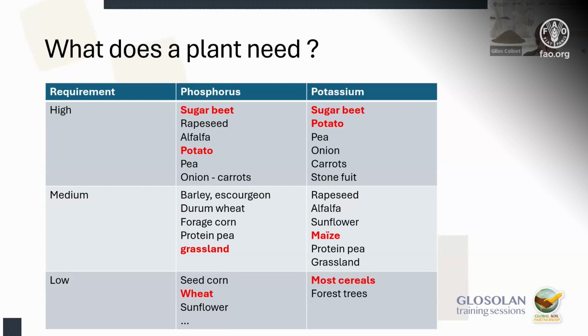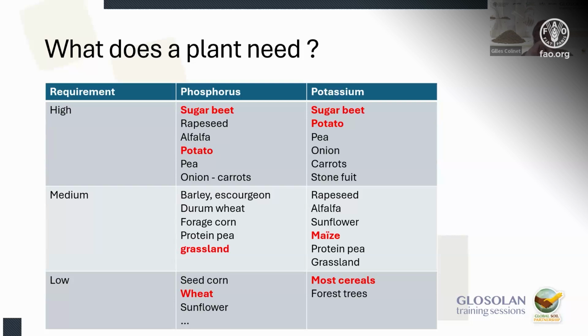And here, for example, you have a classification of the major crops in Belgium. We know that sugar beet, for example, is very demanding of phosphorus and potassium. If you want to have success with this crop, you need to be sure that the soil will be able to meet the demands of the crop.